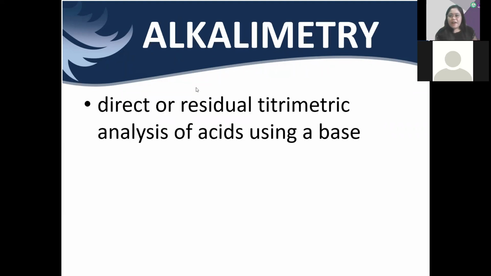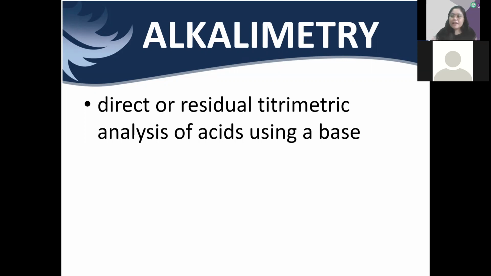So, to define what alkalimetry is, this is direct or residual, okay? Kagaya ng acidimetry, pwede din siya direct, pwede din residual or indirect, titrimetric analysis of acids using a base. So let us differentiate. When you say acidimetry, the sample is a base, the titrant is an acid.